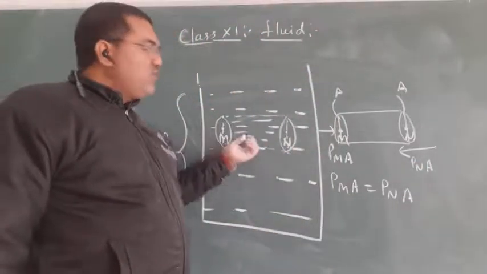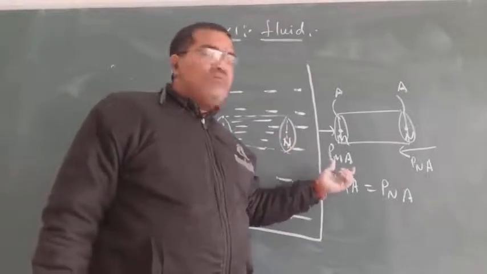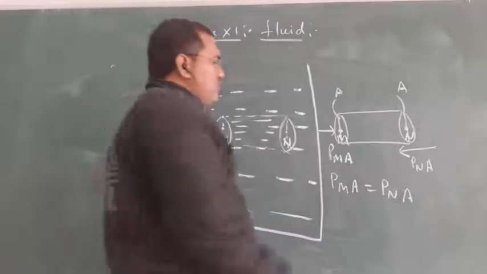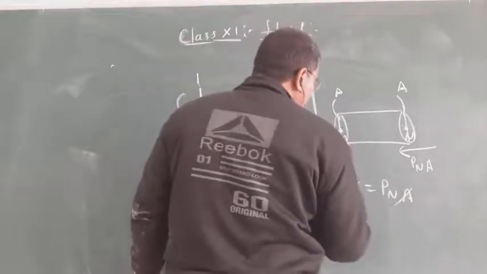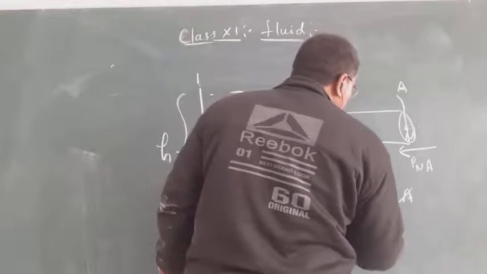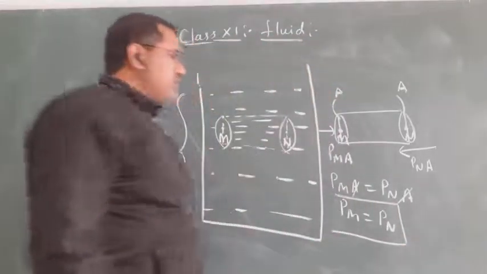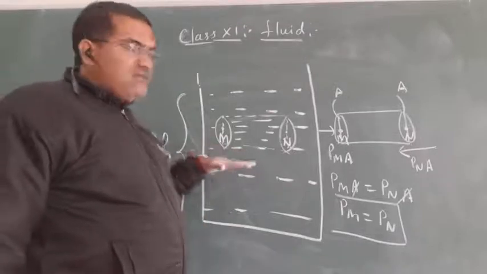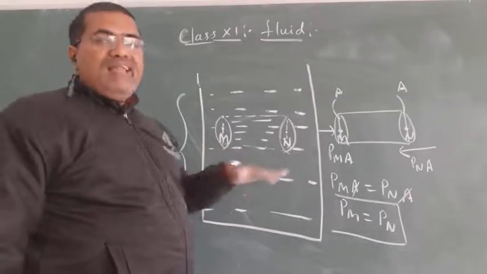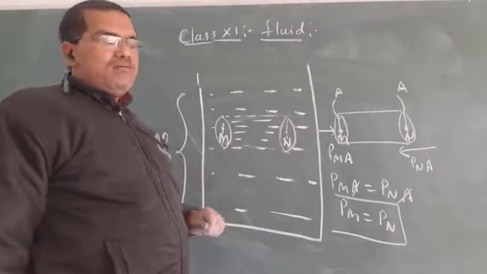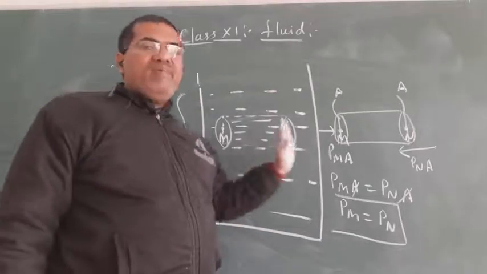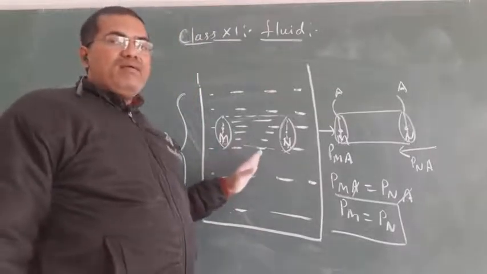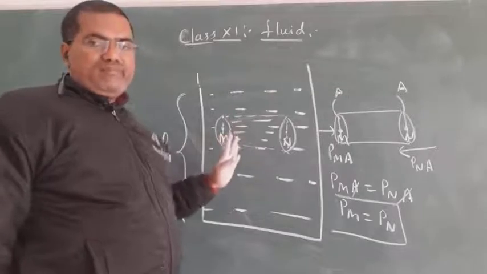For equilibrium, the net force on the hypothetical cylinder will be 0. So A is cancelled out, and PM equals PN. Very important here: at any horizontal level of the liquid, pressure is the same everywhere in the case of a static fluid.